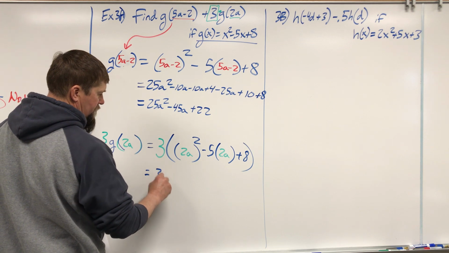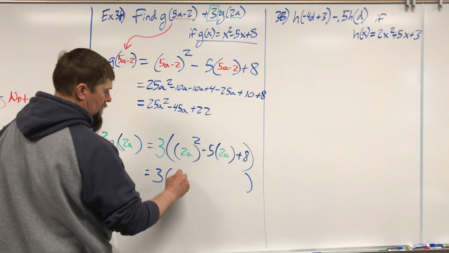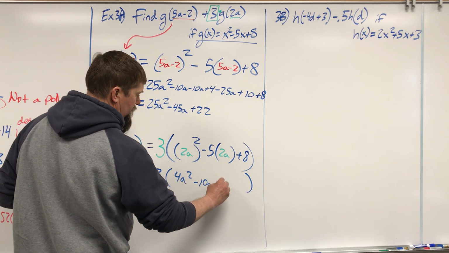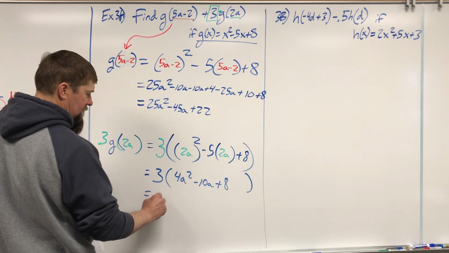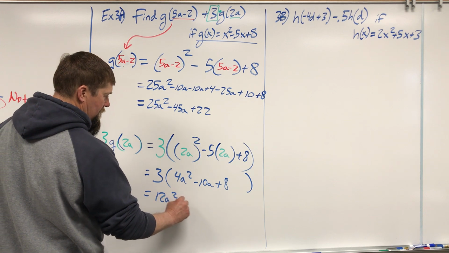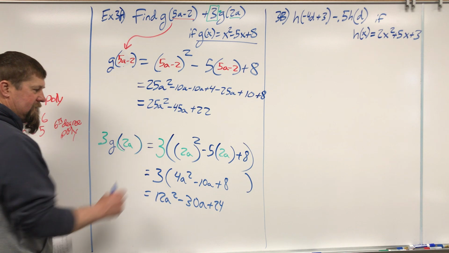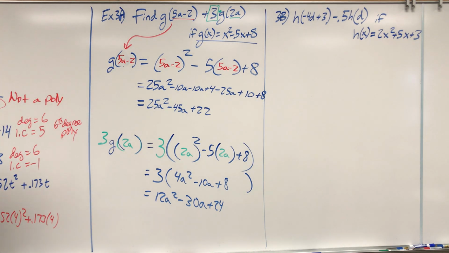So we end up with 3 times 4a squared minus 10a plus 8, which ends up to be 12a squared minus 30a plus 24 after I process that 3.